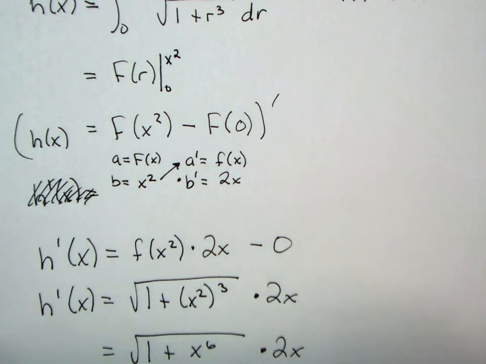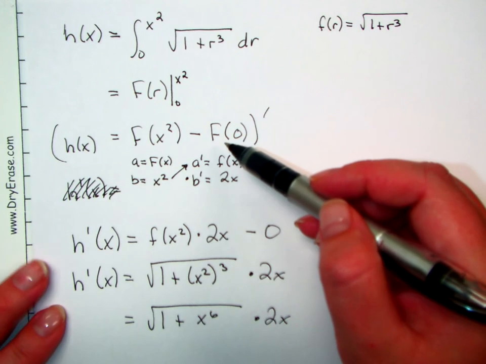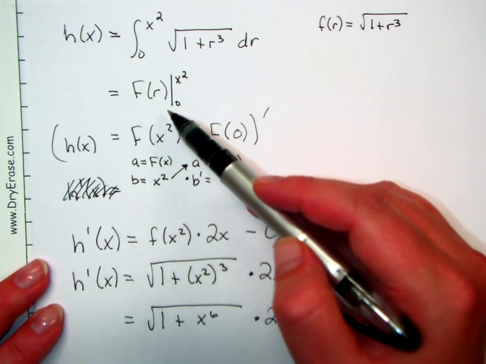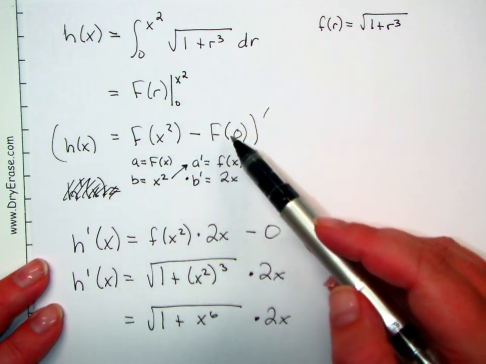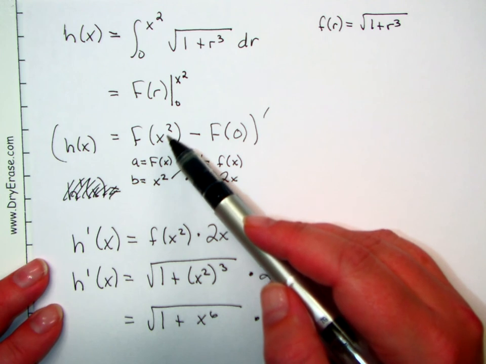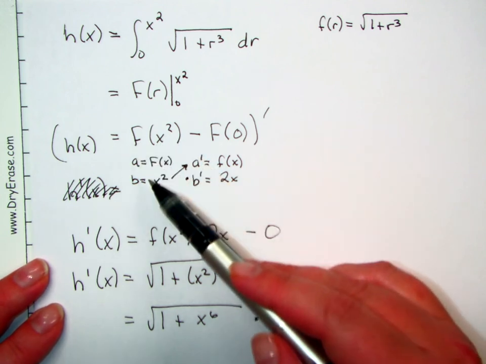Right? So the antiderivative form always works. If you go ahead and do the antiderivative in general form, evaluate it from the lower limit to the upper limit, and then just remember when you have a constant in there, it goes away. And then if the upper limit is a function of x that requires the chain rule, go ahead and use the chain rule.